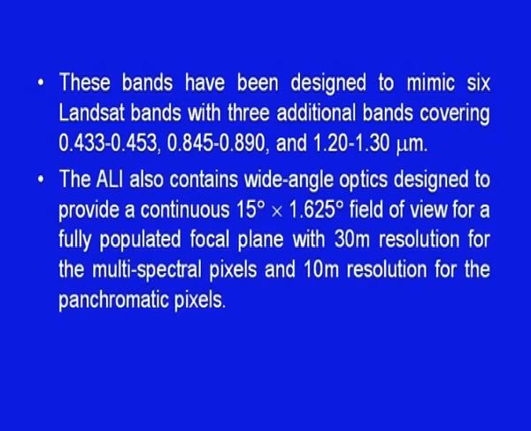The ALI also consists of wide angle optics designed to provide a continuous 15 degrees by 1.625 degrees field of view for the fully populated focal plane, with 30-meter resolution for multispectral pixels and 10-meter resolution for panchromatic pixels.